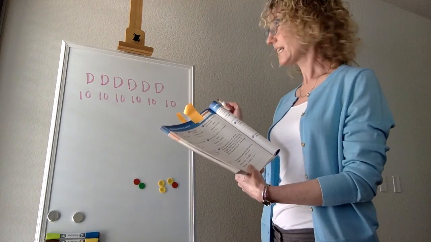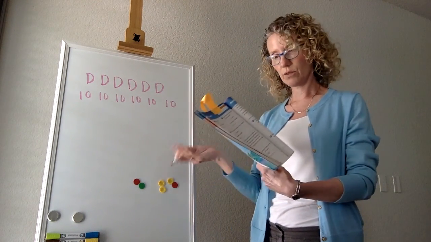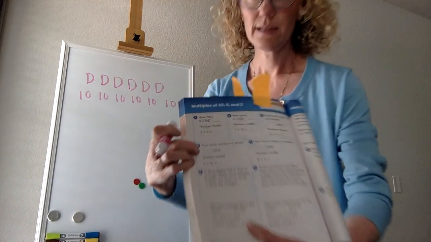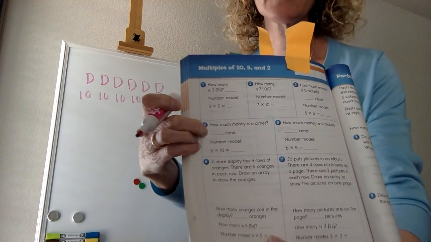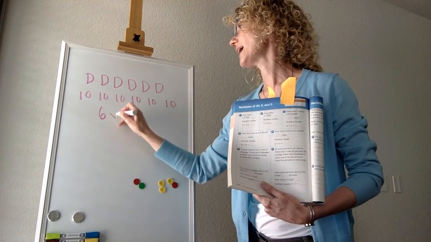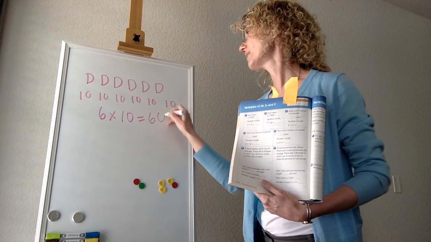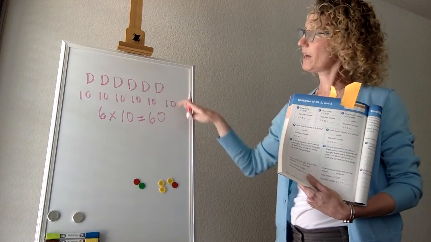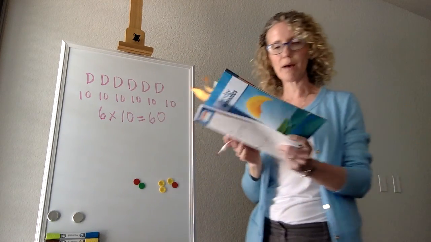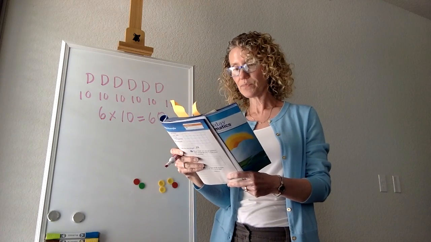And so how much money is 6 dimes? 10, 20, 30, 40, 50, 60. Write down the number 60 right there for 60 cents. And 6 times 10 equals 60 as well. This is kind of like your addition number model. This is your multiplication number model. And then you have 2 story problems at the bottom.